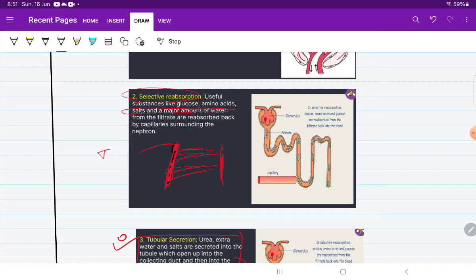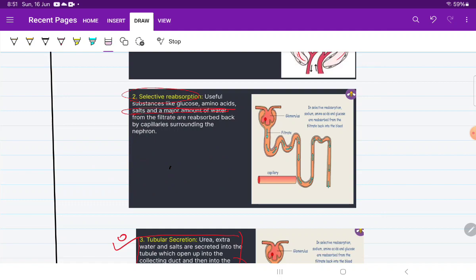Then the capillaries will say, I want my important things back. Then selective reabsorption takes place. All the important things are given back to the capillaries. So this is an example of it.